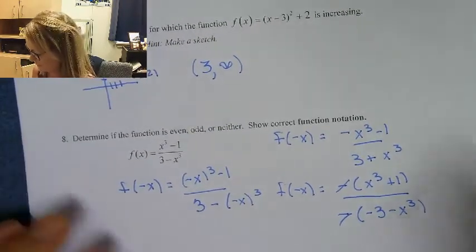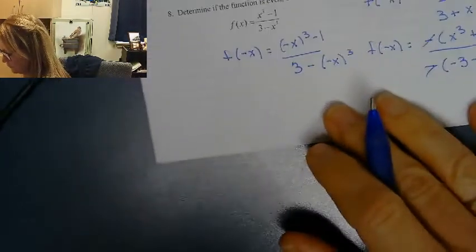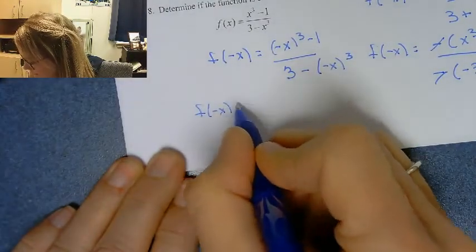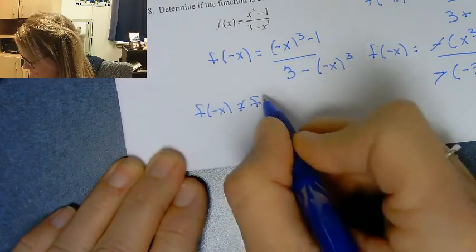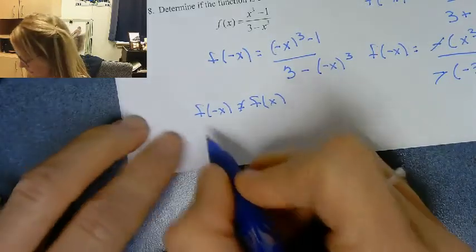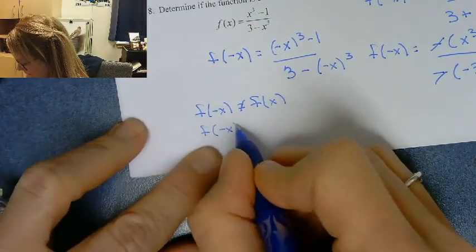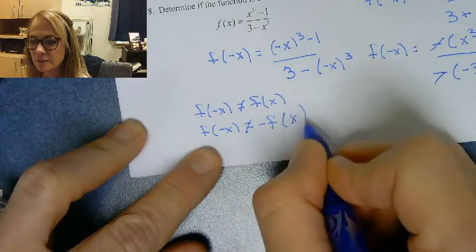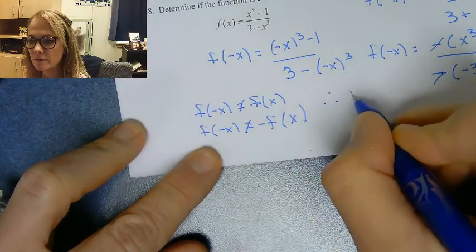So this is neither, and how are we going to show that? Formally, we're going to say f of negative x did not equal the function itself, and f of negative x did not equal the opposite of the function, and we would say therefore neither.